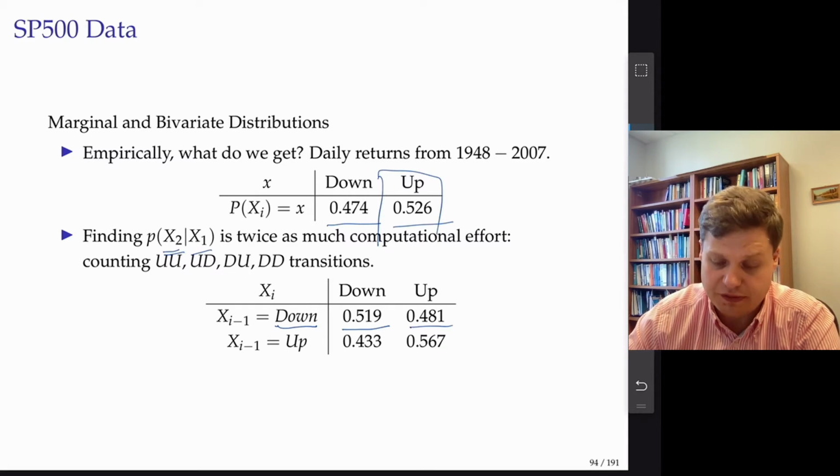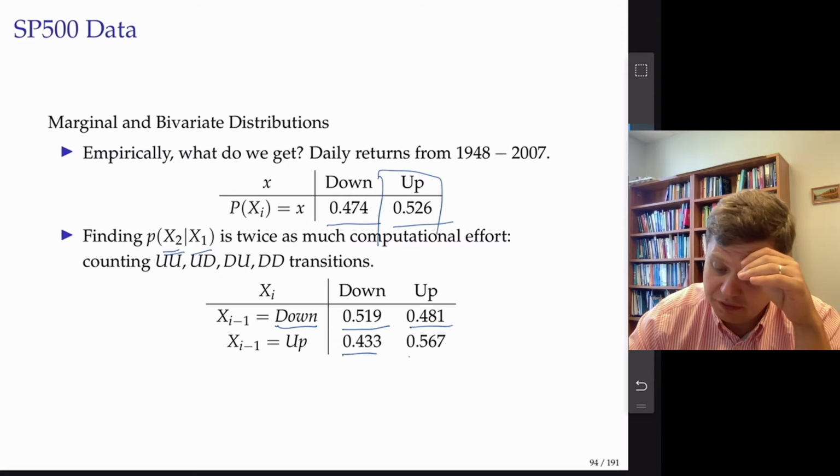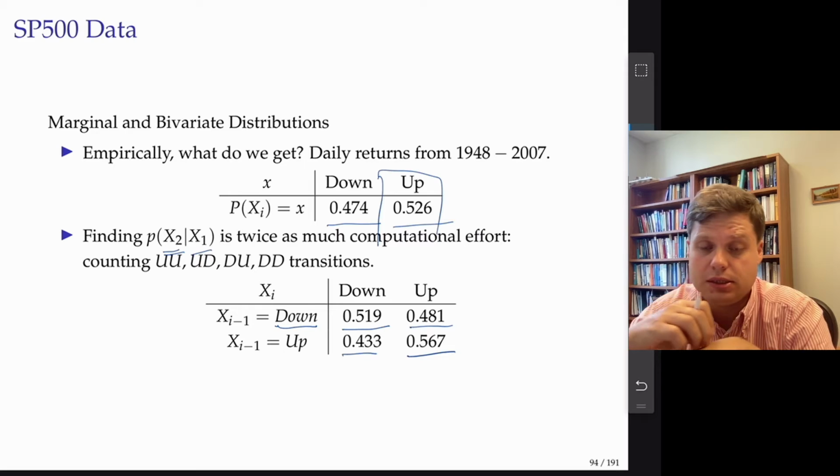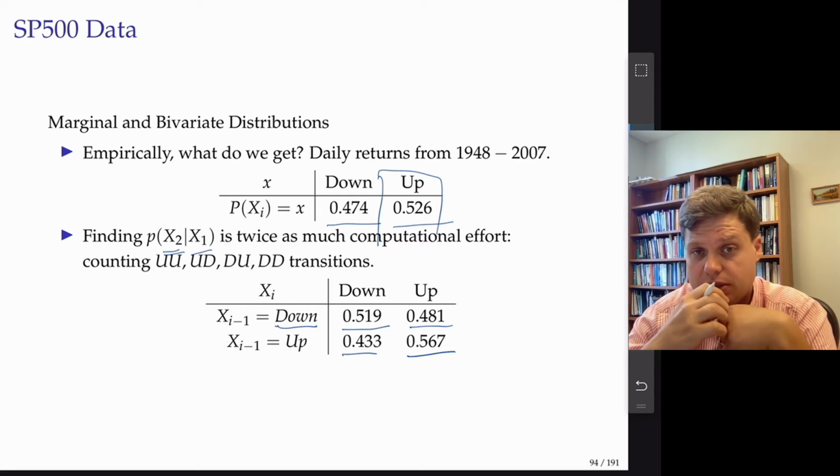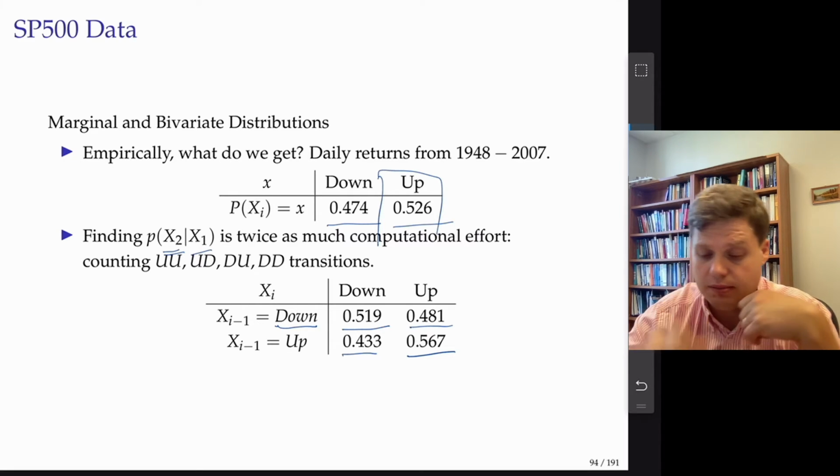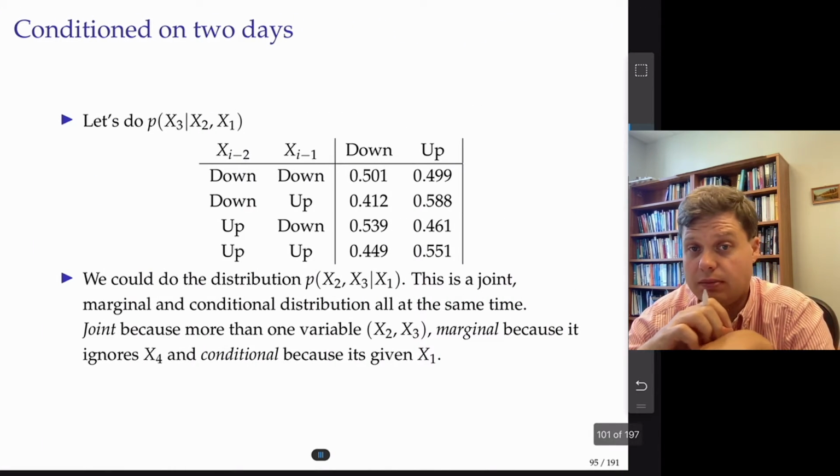Conditional on the fact that the market is up, there's only a 43% chance it's going to be down, and 56% it's going to be up. So it looks like there is temporal dependence in the market. What happens on the previous day can tell us something about what happens on the next day.